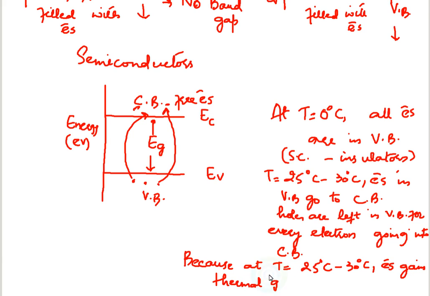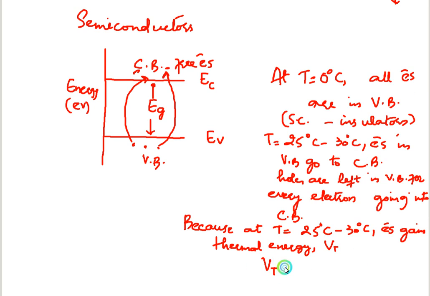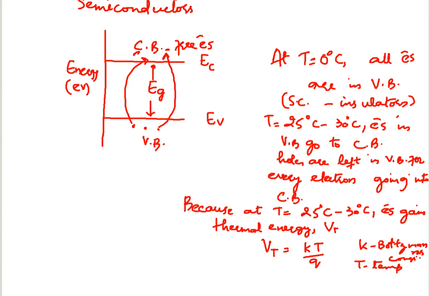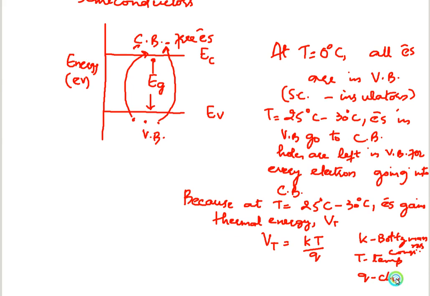Electrons gain thermal energy, which is given by Vt, and the expression for Vt, that is the energy, is kT divided by q, where k is the Boltzmann's constant, and T is the temperature, and q is the charge of the electron.